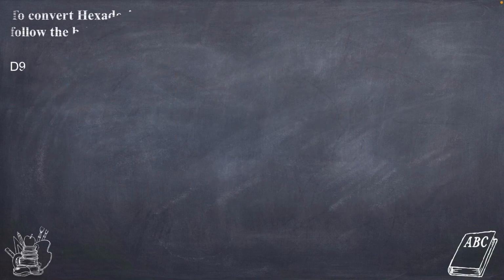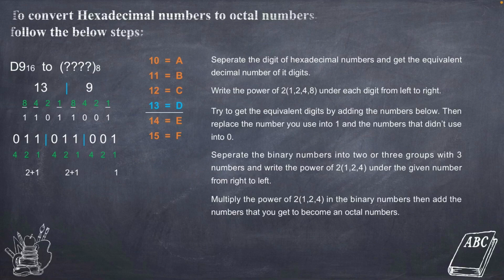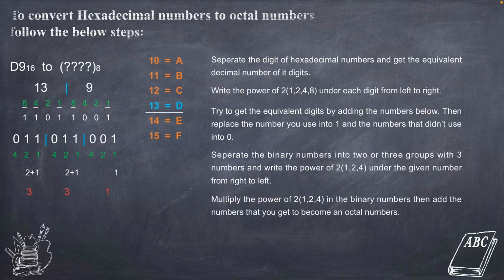So, meron tayong 2 plus 1. Tapos, ganun din sa pangatlong group. Kasi parehas lang naman sila. Tapos, pag-add daw natin sila. Kasi, yun yung sabi. Then, add the numbers that you get to become an octal number. Na 2 plus 1 is equals to 3. Then, 2 plus 1 is equals to 3.